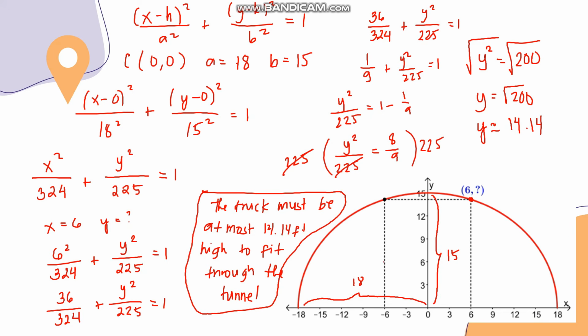So there you go. Given that the truck is 12 feet wide, it must be at most 14.14 feet high so that it will fit into the tunnel. The value of y here must be 14.14 feet.